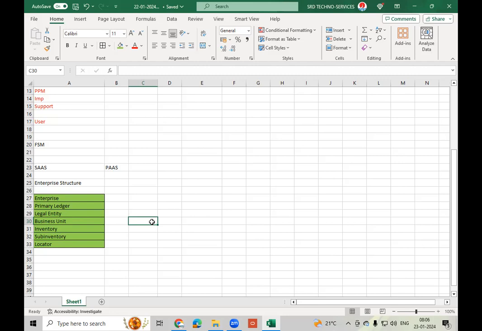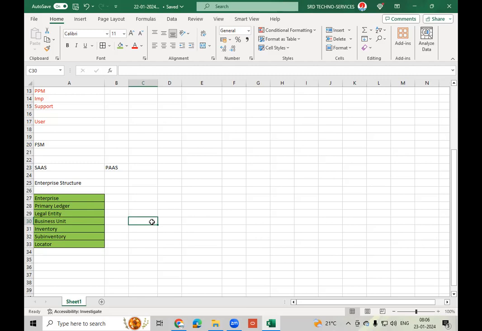So, a business unit, in general definition, is the level from which we operate business operations: purchases, sales, payable transactions, receivable transactions, and CRM activities. All this will be maintained at business unit level. Under one legal entity, maintaining one business unit is mandatory. Without a business unit, you cannot create transactions.